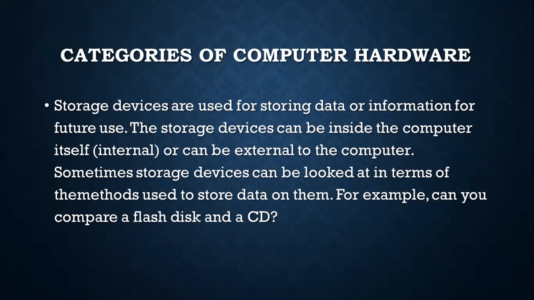And we are asking the question, can you compare a flash disk and a CD? Do you know which method is used to store data on a flash disk as opposed to a compact disk?